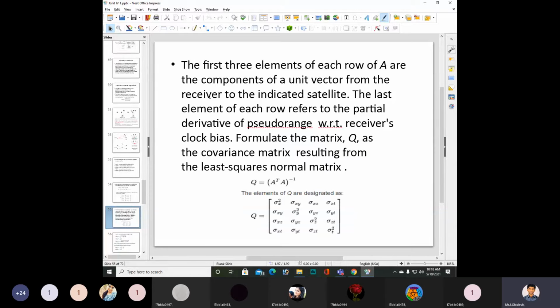Q is equal to A transpose A, whole inverse. The elements of Q are designated as follows.